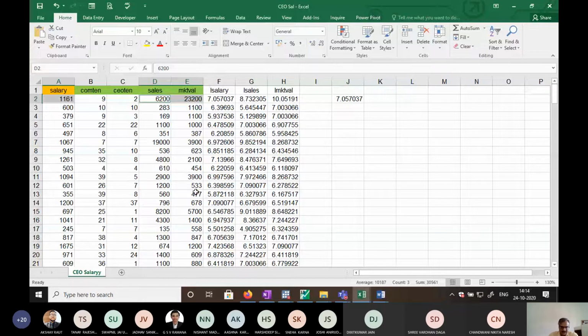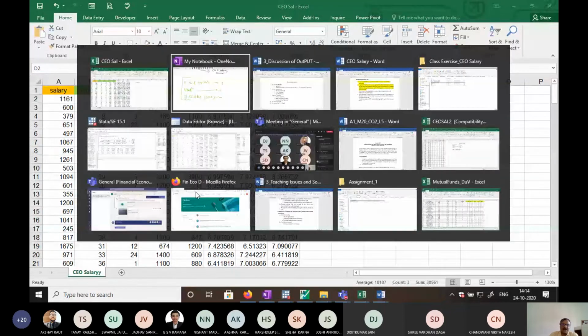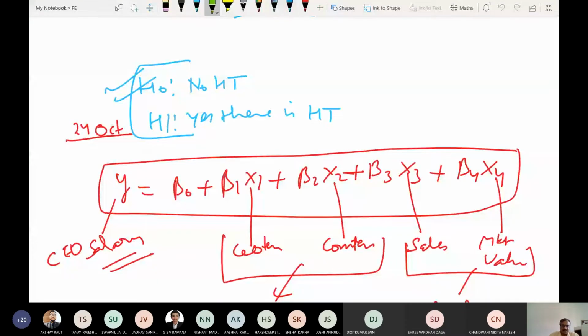And obviously, when I'm running a model like this, why am I running this model? I'm running this just because I have got some conviction that this, which is nothing but the CEO tenure, this is company tenure, and this is sales and market value, are going to predict the CEO's salary.